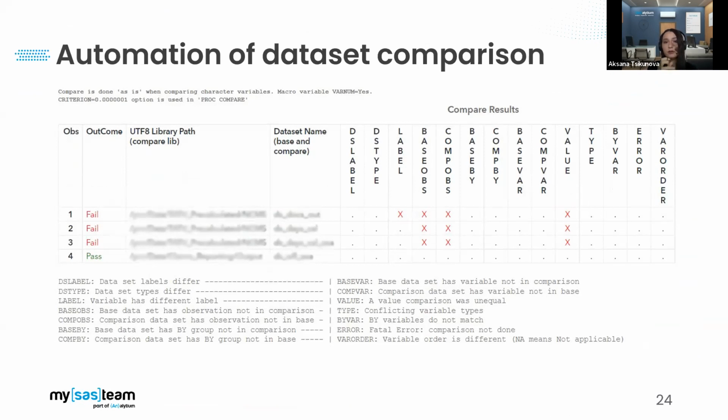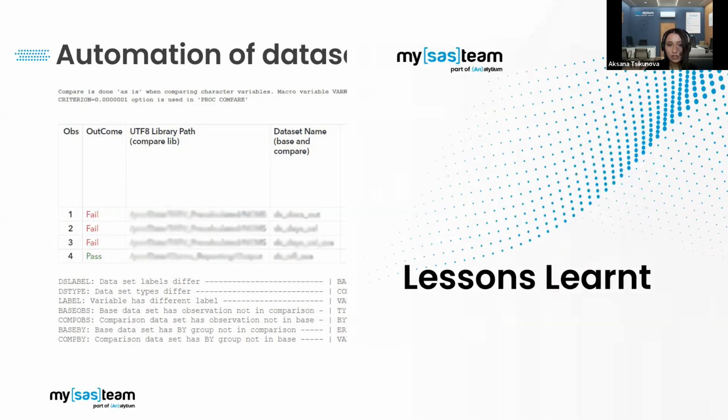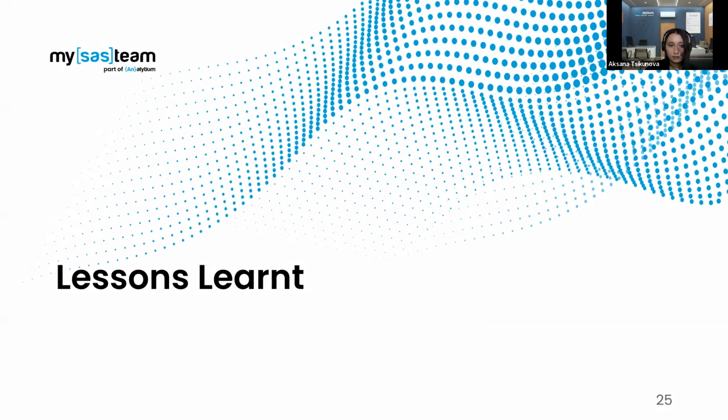It's not a simple proc compare, but a procedure which returns the report you can see on the slide, so that all of the output data sets are listed, and the types of controls are in the columns, so you can easily locate the source of the problem if there is a discrepancy between the data sets populated by the client and by the testing team, and take some actions. And I think that's it about the regression testing stage, and I hand over to Ben once again for the lessons learned.